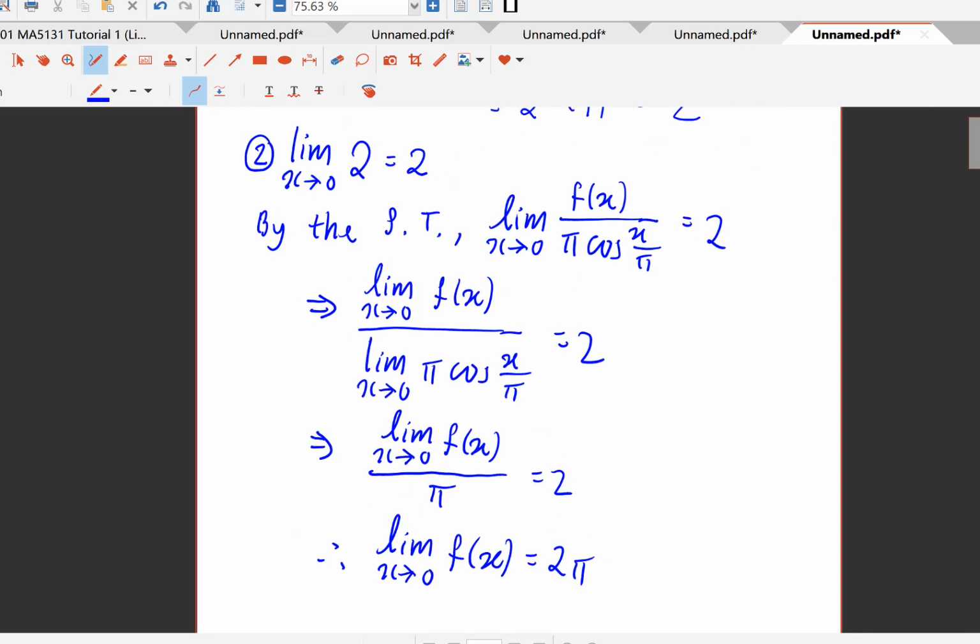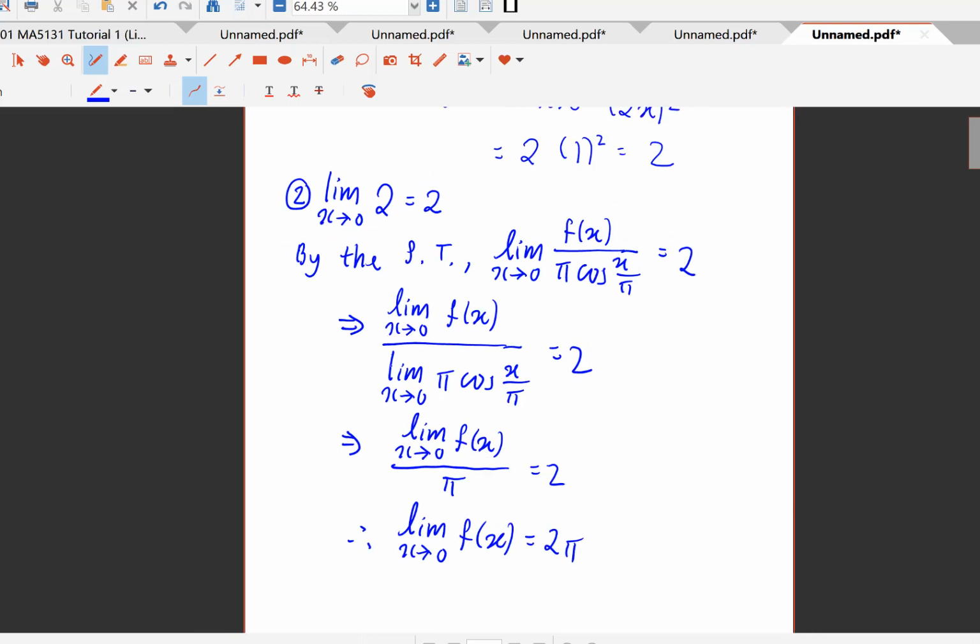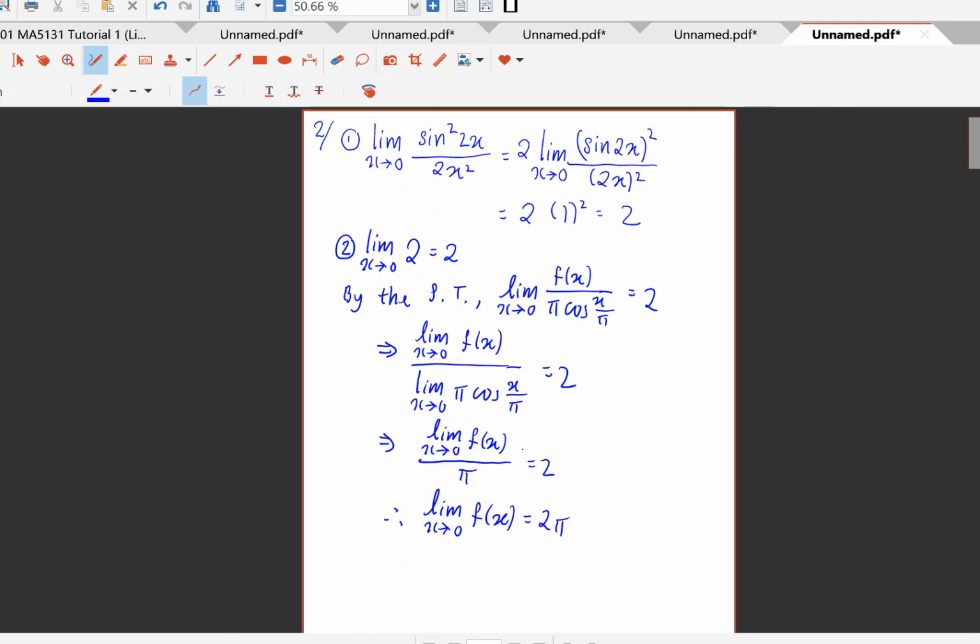Can I multiply the inequality? Sure, you can. Yeah, you have multiplied throughout by 2x squared, is it? Or is it multiplied by pi cos x over pi? Does it work? Sure.